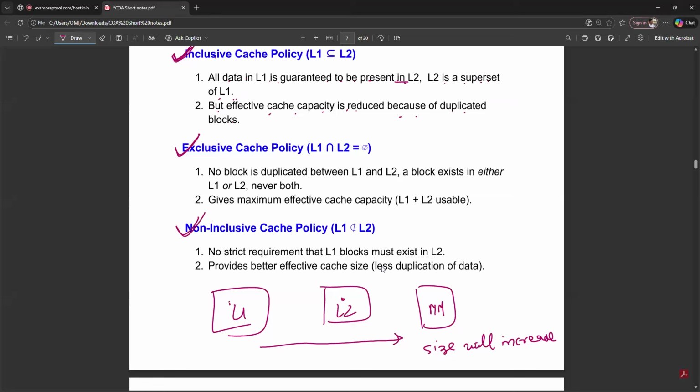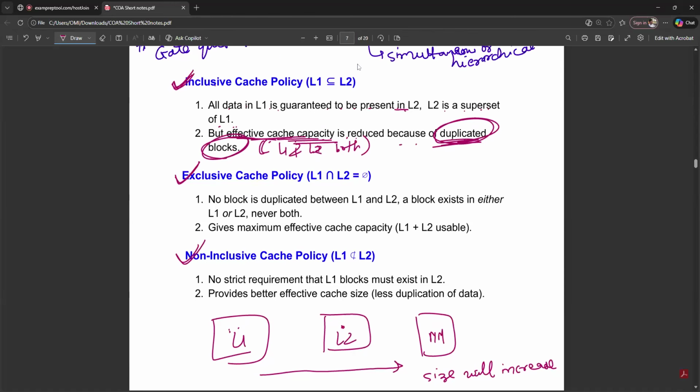So L2 is a superset of L1. Okay, but effective cache capacity, what does it mean? Effectively, it will reduce because of duplicated blocks, blocks present in both L1 and L2. That's why. Not a very easy concept. So see here, L1 is a subset of L2.